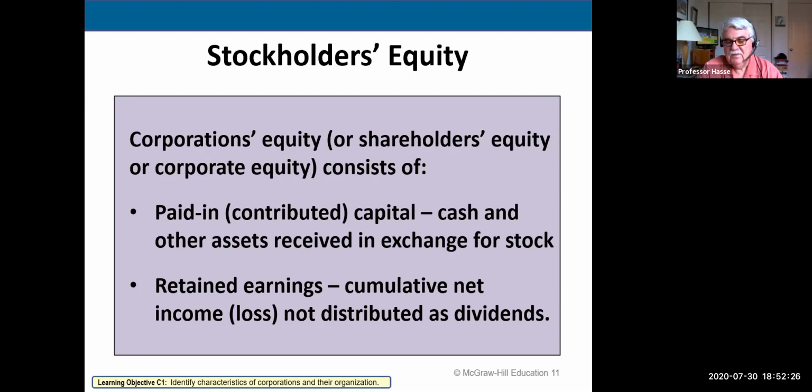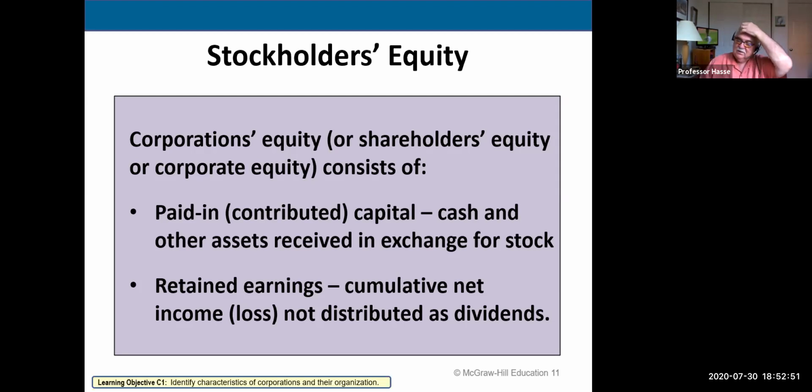The book value of the stock, the par value, is 1 cent. The additional money they receive over the par value at market is called paid in capital. And the retained earnings is where you close the books. You close revenue and expense and dividends to retained earnings. That's where you close your books.